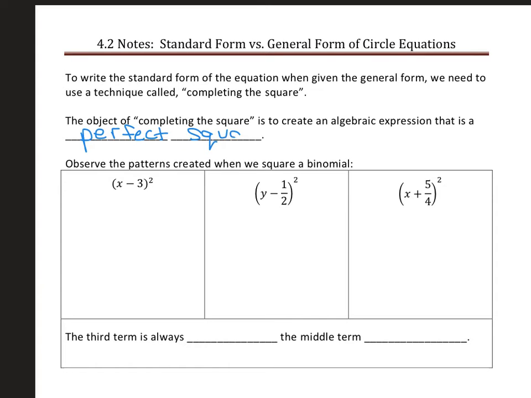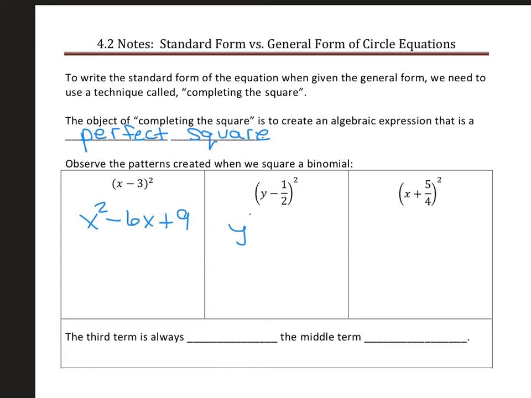And so what is a perfect square? Well, a perfect square numerically would be like 25 or 49, 81, etc. But algebraic expressions can also be perfect squares. And here I've got 3 binomials being squared. Let's just do this real quick so that we could see the pattern. We've got x squared minus 6x plus 9.